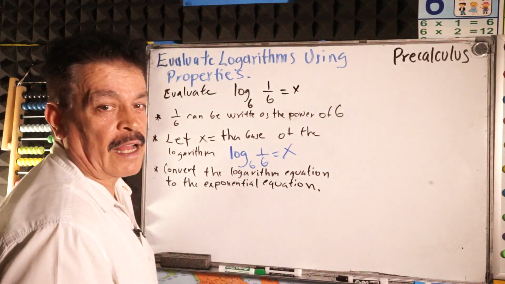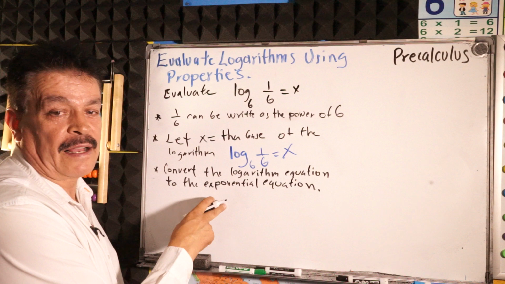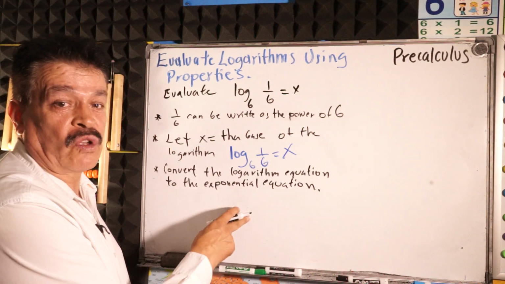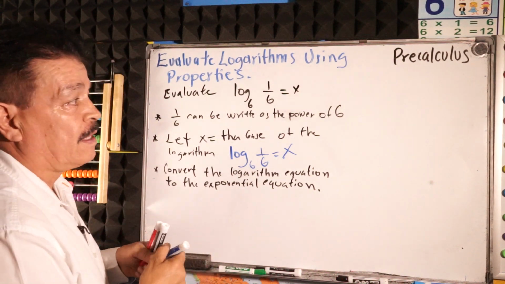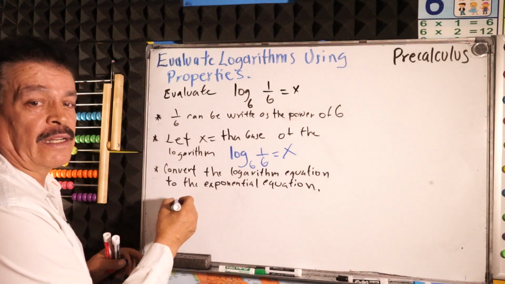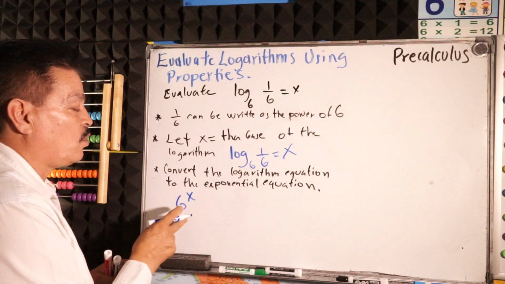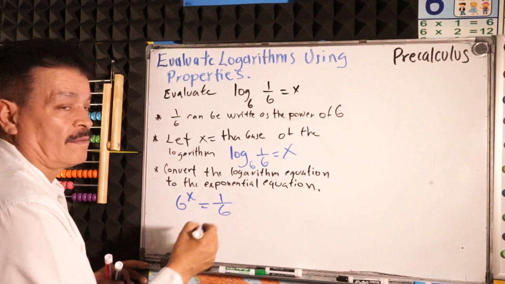We are ready to solve it. Let's write 6 to the x power equals 1/6. This step is very clear, very specific.